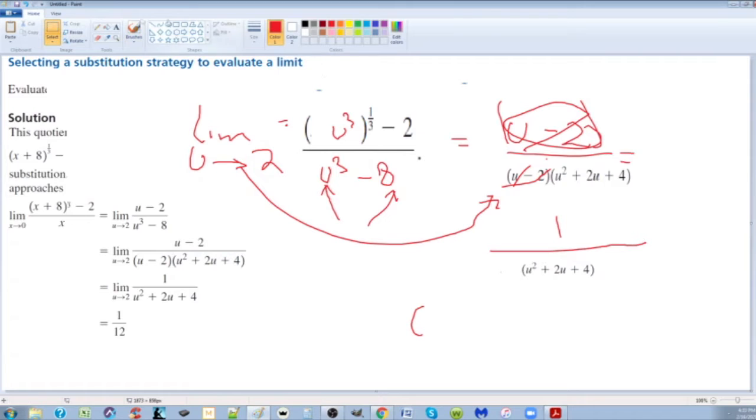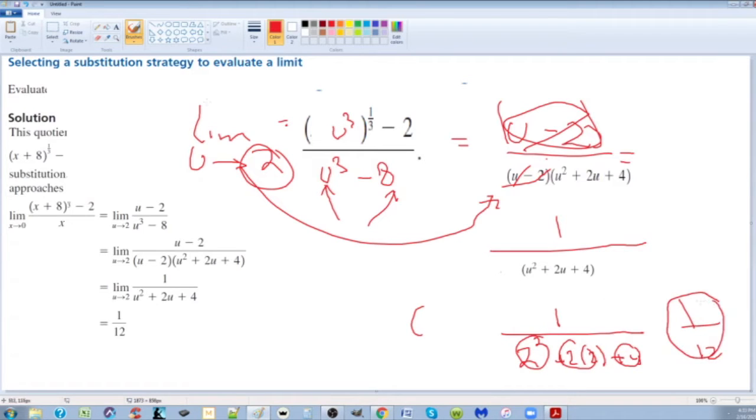Well, now, remember, I'm looking as u approaches 2. So I'm just going to replace u with 2 down there. And I get 4 plus 4 plus 4. I get 1 over 12.